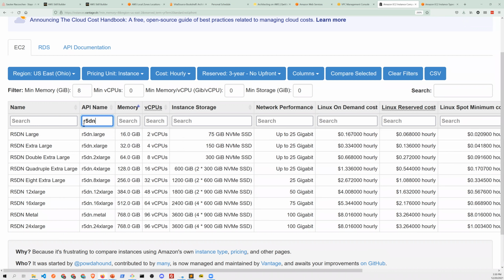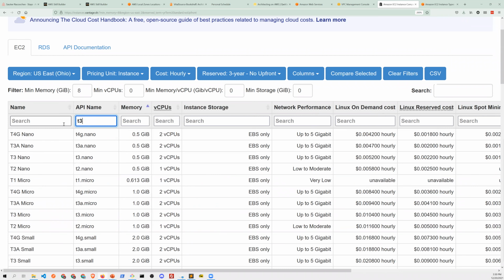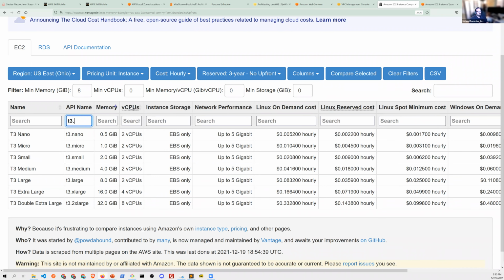It gets even worse if you look at a T3 series, for example. Nano, micro, small, medium, large, X large, 2X large. I don't know that I've ever seen a t-shirt called a nano or a micro, but I've definitely seen a small and a medium. That would be confusing, but that's what they mean by that. Thank you. Yeah, absolutely.